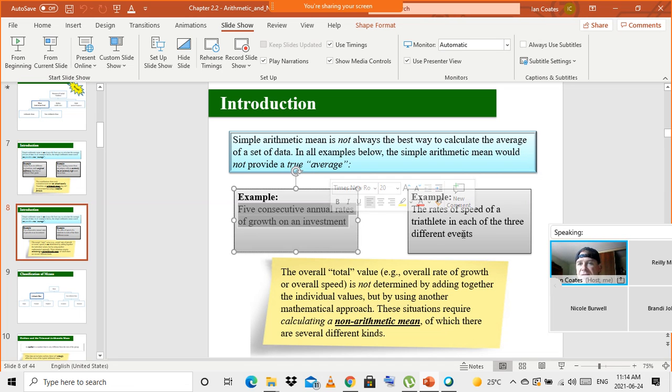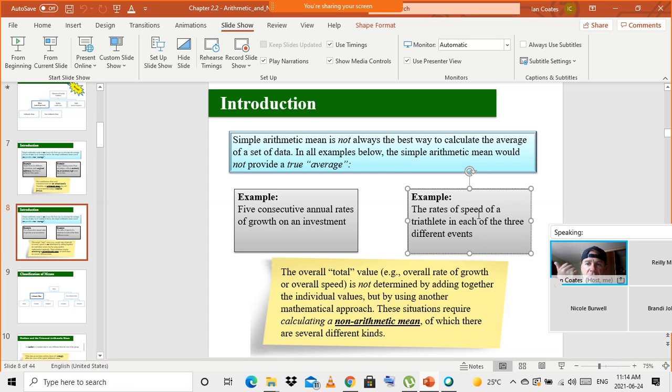And the last example, which we'll show you, is rates of speed for a triathlete. So you look, a triathlon is unbelievably unattainable. Maybe I could do a half marathon someday, but the first one there is swimming, and then biking, and then the running.